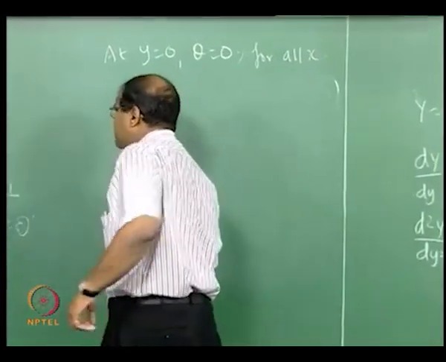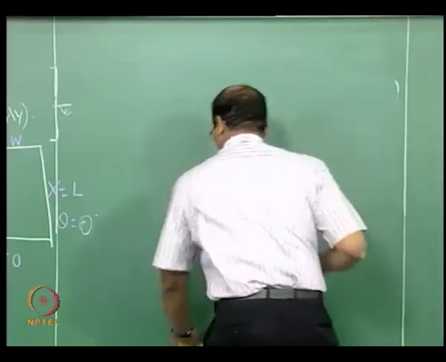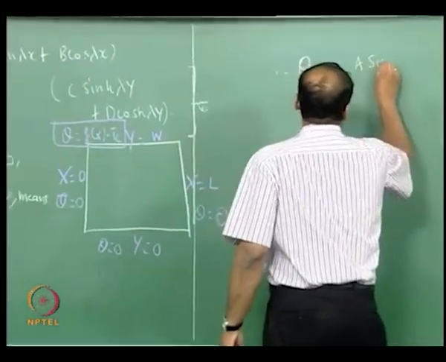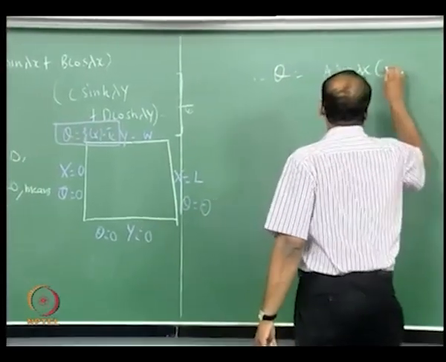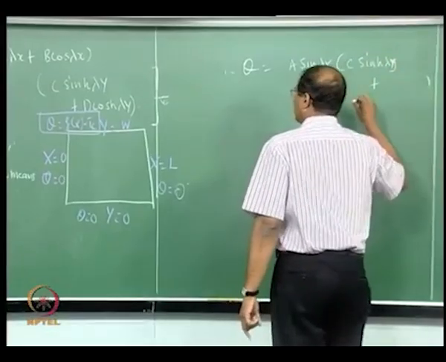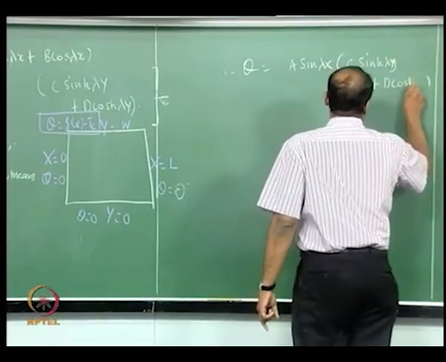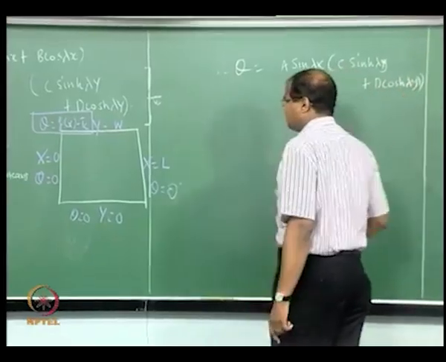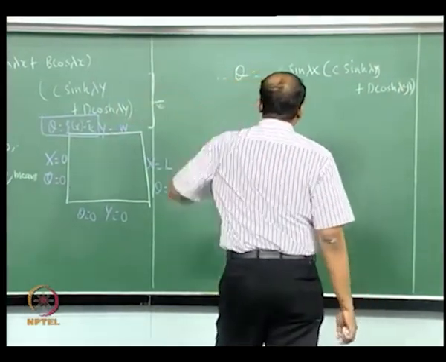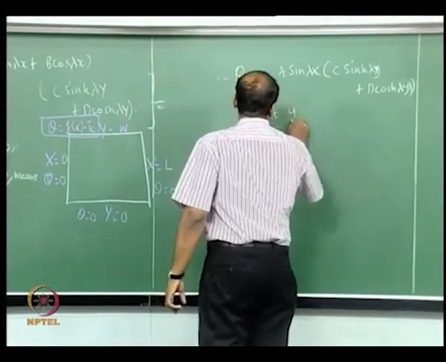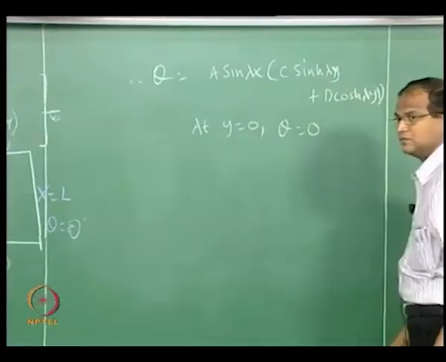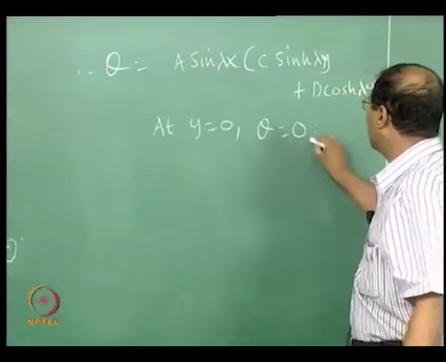Anyway, before this we will just write the solution. Please use small y here, sometimes I am not consistent, be careful. At y equal to 0, theta is again 0, this is for all x.